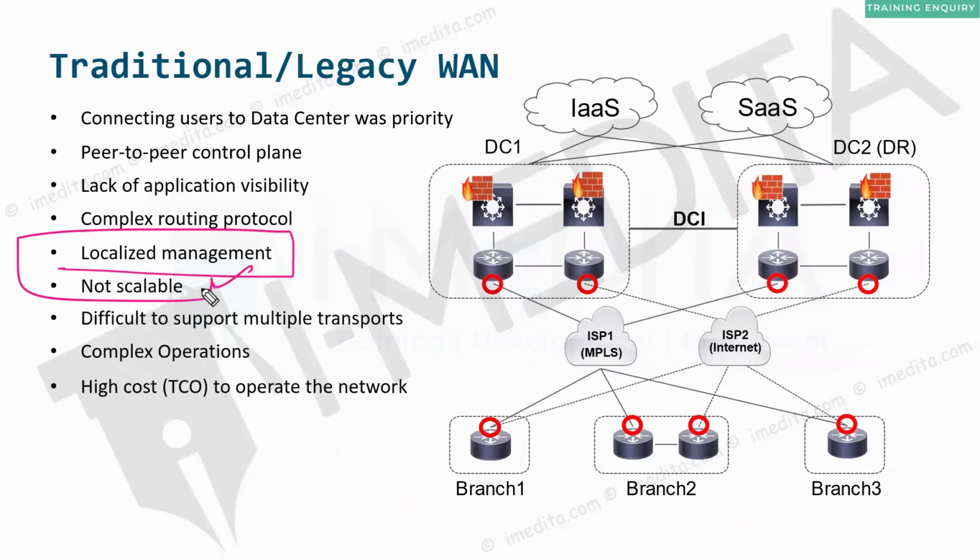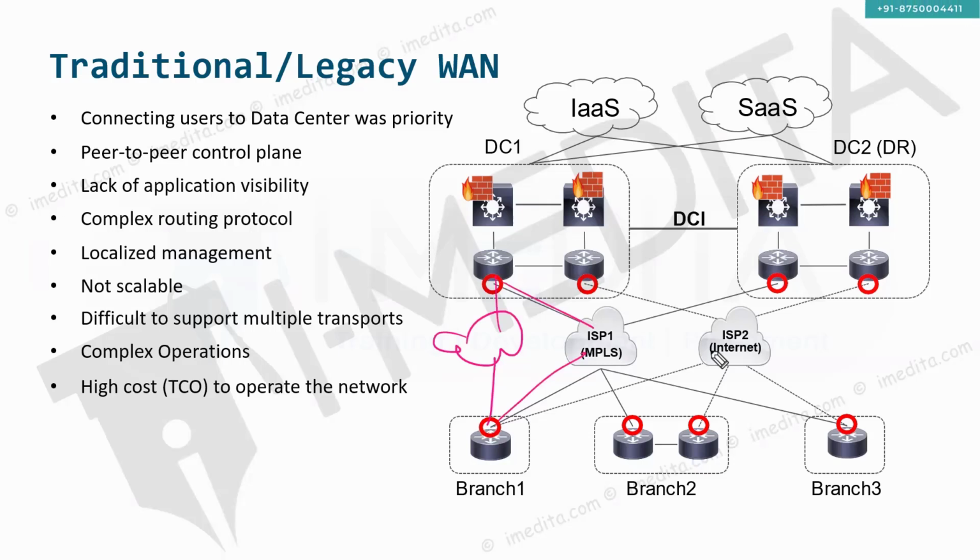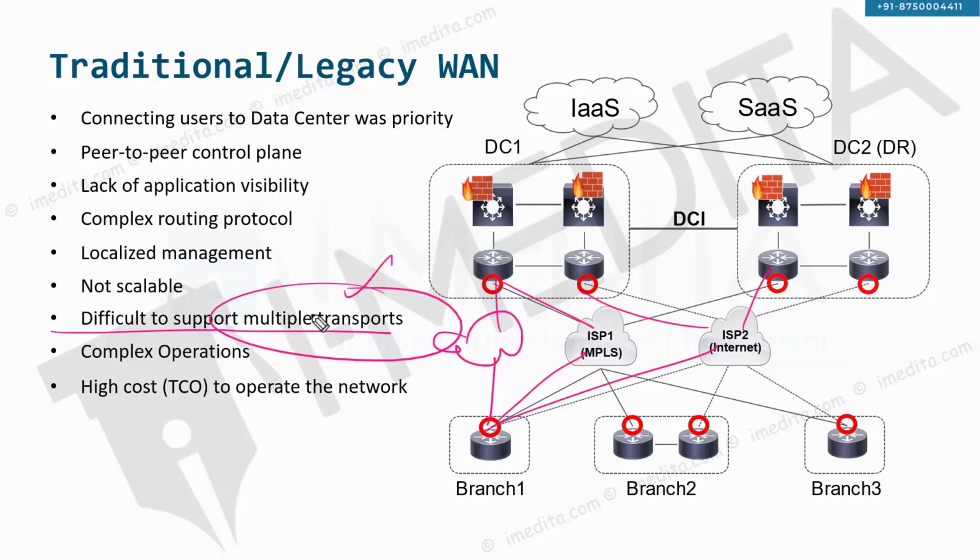In a big WAN environment, it might not even be possible to deploy or manage all these WAN devices one by one. If you have multiple transports, preferring one transport over another based on various characteristics is also going to be difficult. How to prefer one transport over another is also going to be a challenging part.